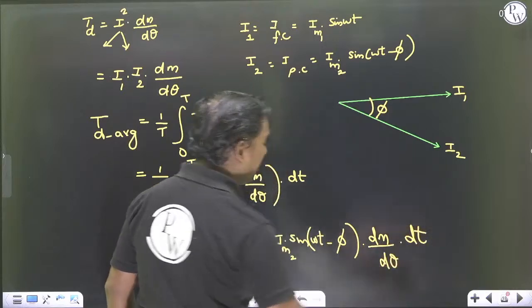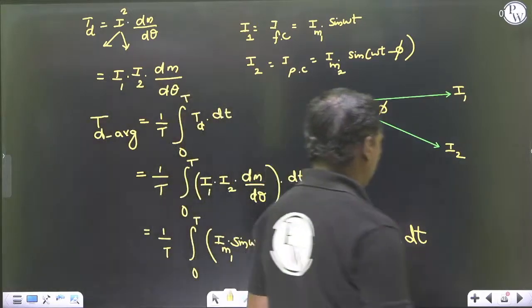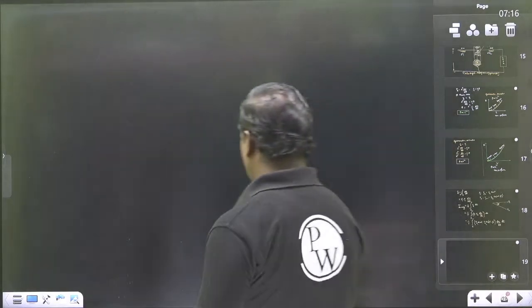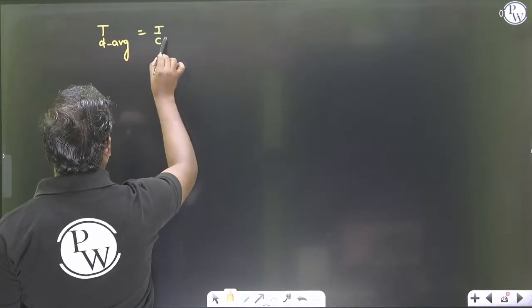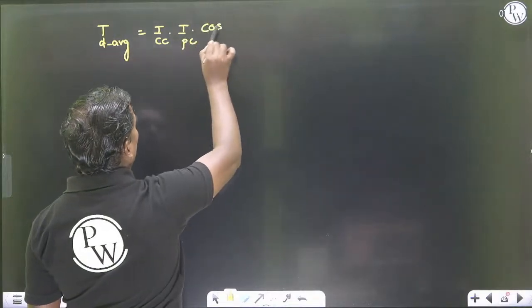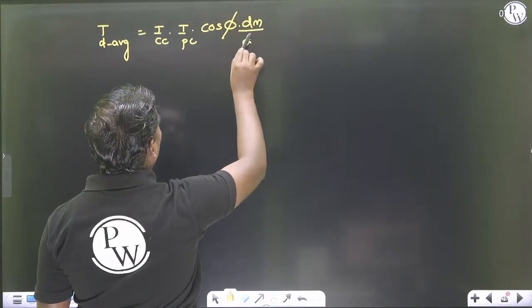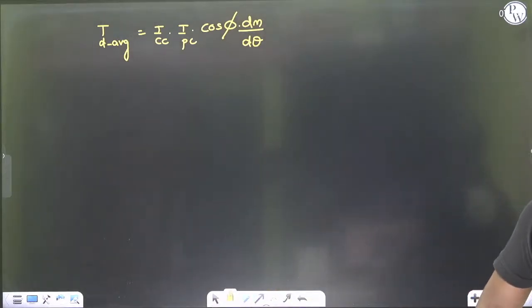It's a big derivation. I'm not going for the derivation, my dear. I'm just taking the final expression. So finally, when you simplify this, the average torque expression we get is I_CC, I_PC, the current passing through the current coil and the current passing through the potential coil, into cos phi into dM by d theta. So this is the expression. Why? Because what is the basic purpose of the dynamometer?